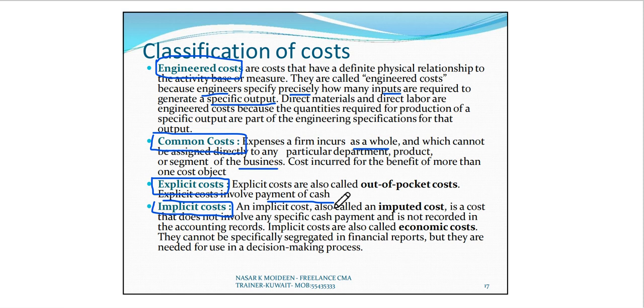Or we can say the opportunity cost that we discussed, the imputed cost that we discussed. In these cases we are not actually paying, but we are only considering those costs when we want to make a decision. And this implicit cost is also called economic cost, or the cost of economists.